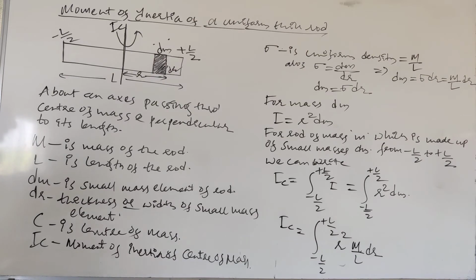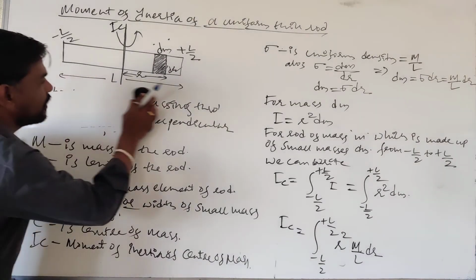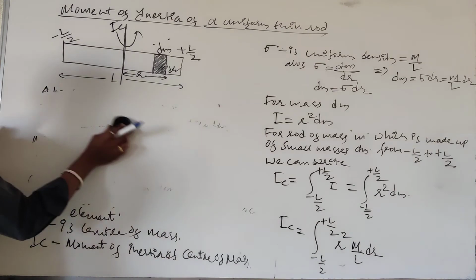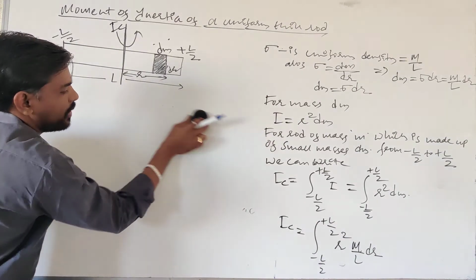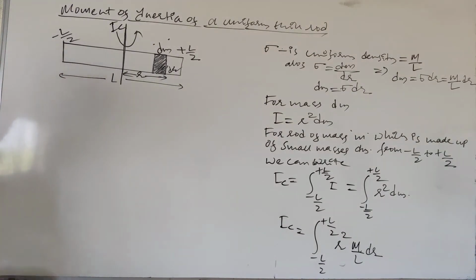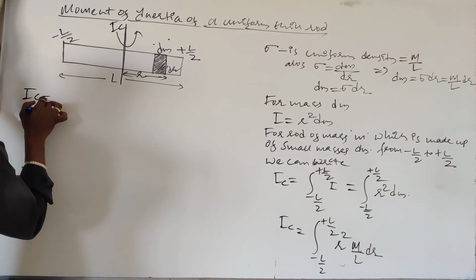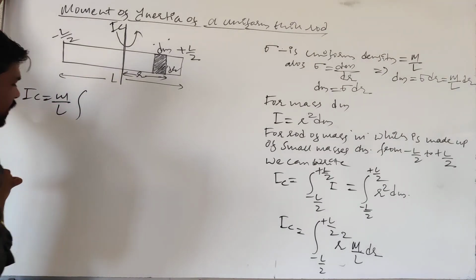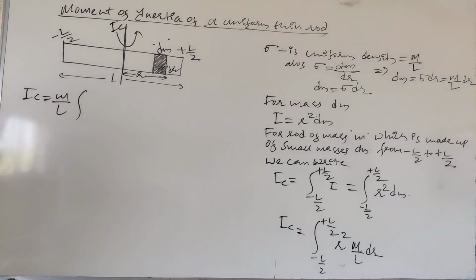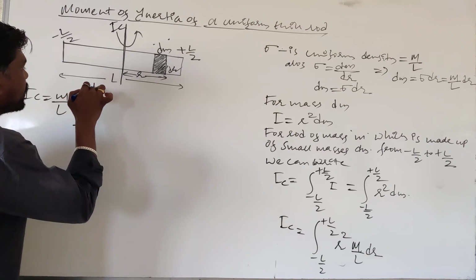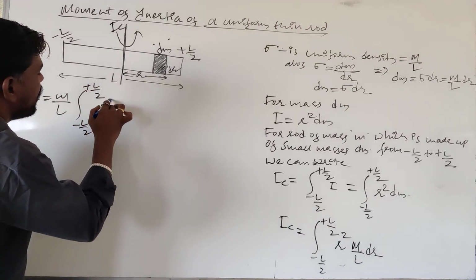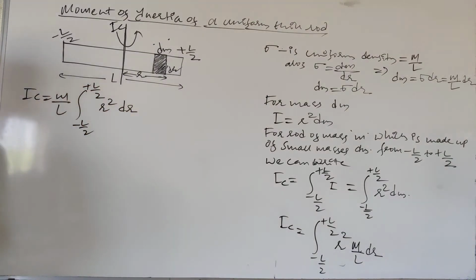Yes, we can write that. So then IC is equal to m divided by L, taking it as a constant, into the integral from minus L by 2 to plus L by 2 of R square dr.